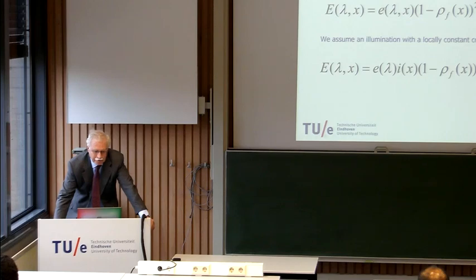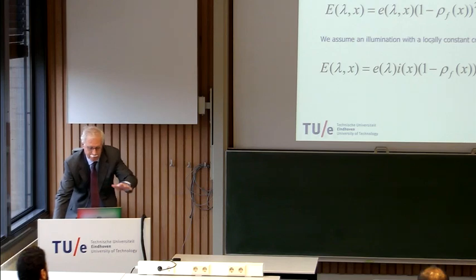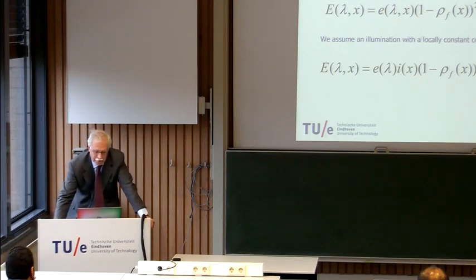Well, this means that if you have this function, the energy distribution will depend on the position at the imaging plane, so it is also a function of x. So we have x here, and x there, and x there. And now we assume an illumination with a locally constant color. So that means it's kind of a patch, and on that patch we have a locally constant color.